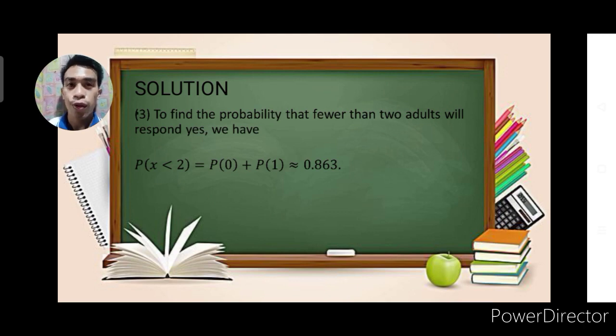For number 3, to find the probability that fewer than 2 adults will respond yes, we have probability of x less than 2 is equal to probability of 0 plus probability of 1, and that is approximately equal to 0.863.